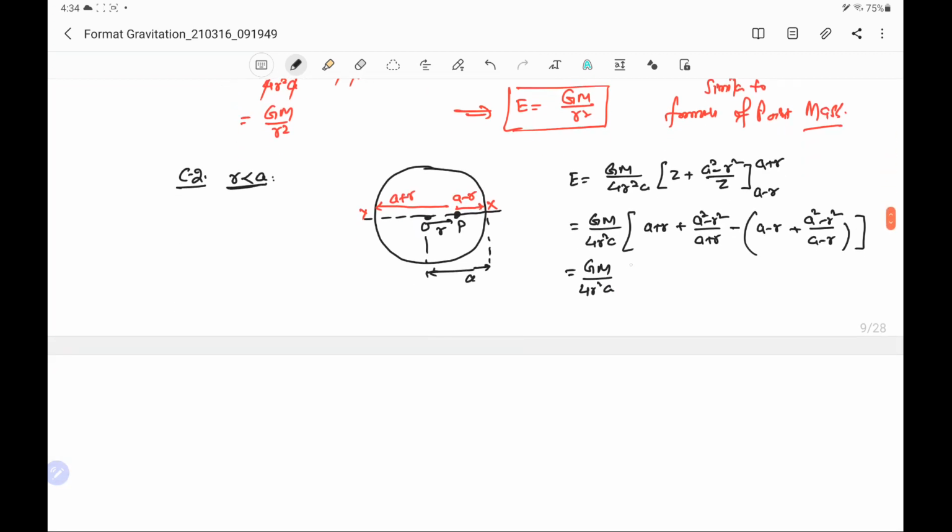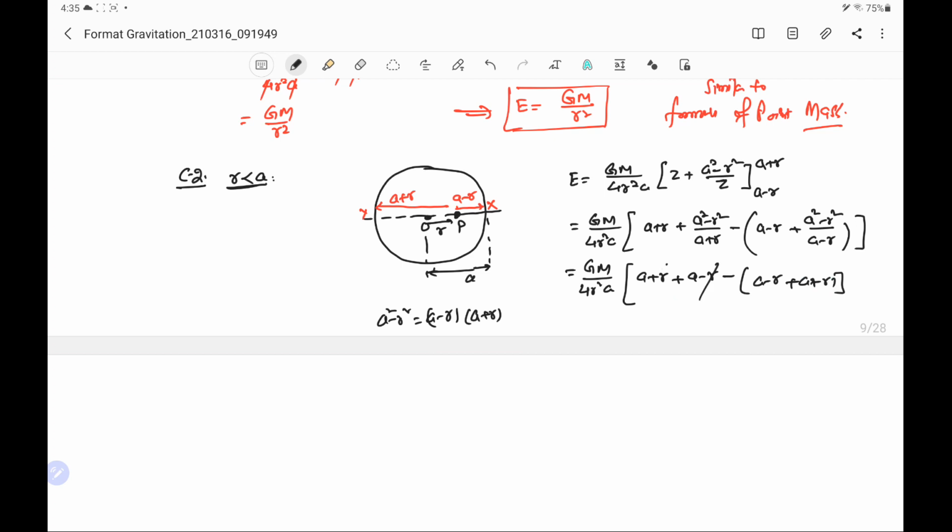We will get a plus r plus, this a square minus r square can be opened with factors a minus r and a plus r, and a plus r will get cancelled, remaining a minus r. Minus, and in this bracket a square minus r square we have already factorized, and a minus r will be cancelled out and remaining is a plus r.